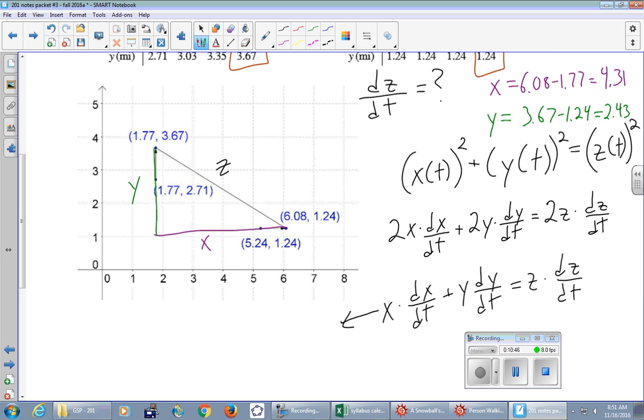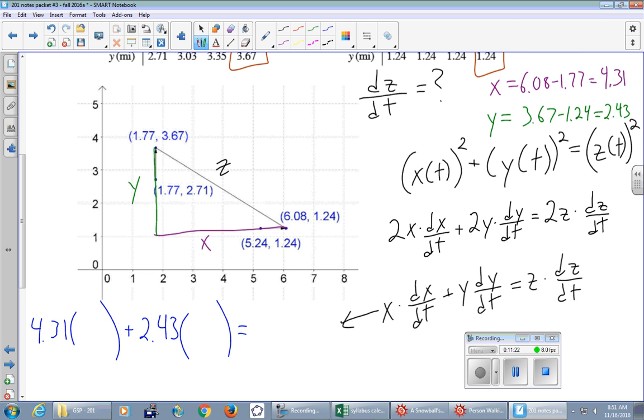X at the one moment that we freeze this problem in time. What is X? 4.31, we found that. 4.31 times, I'm going to put some parentheses there. dx dt, I don't know, we haven't done any calculations there. But let's keep filling in here. 4.31 times whatever dx dt is, plus the y is how much? Was the 2.43 in green, times dy dt. We haven't done any calculation there either, equals z.